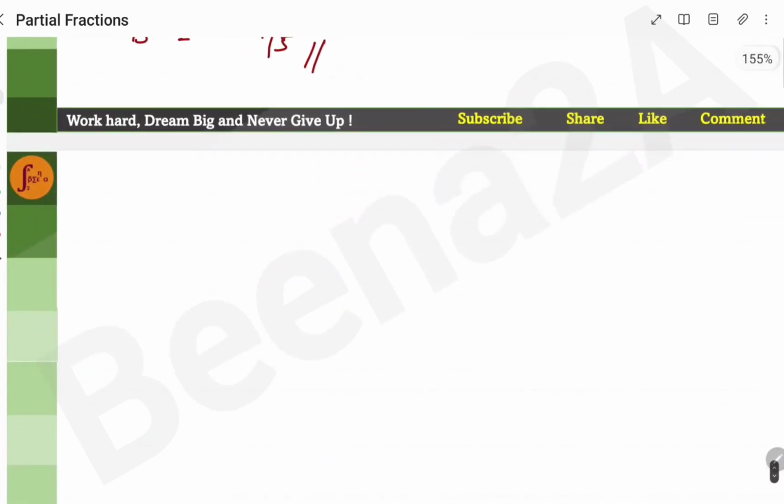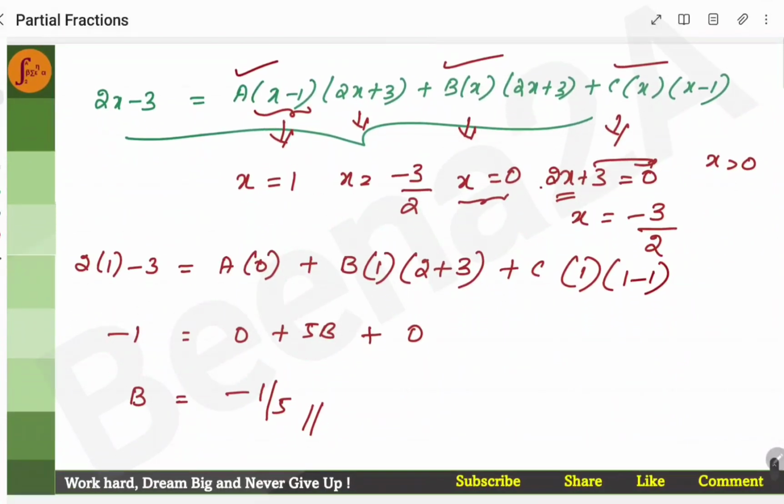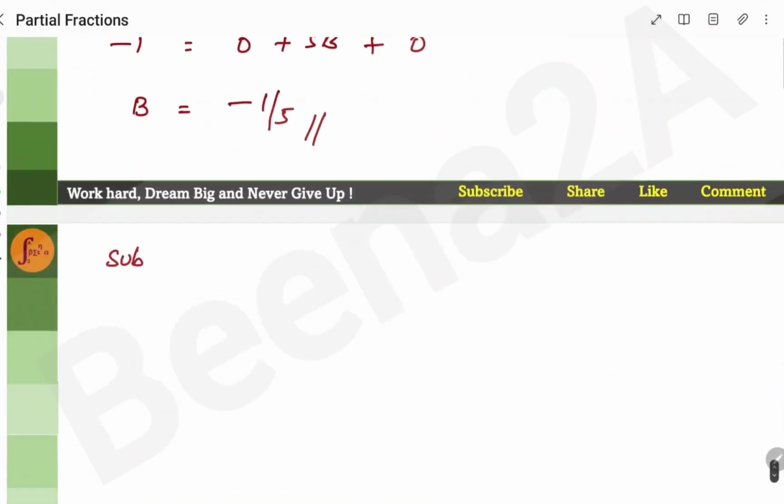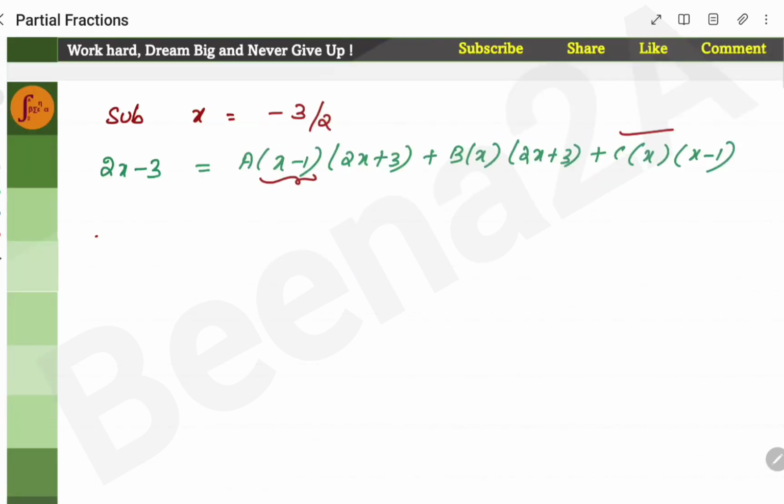This will become minus 1, which means b is equal to minus 1 by 5. Now let's find the value of a. So I'll substitute x as minus 3 by 2. So 2 into minus 3 by 2 minus 3 equals a into x, which is minus 3 by 2 minus 1 into 2.